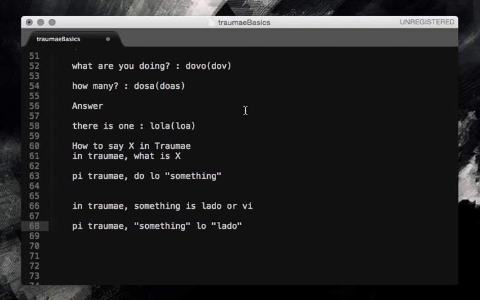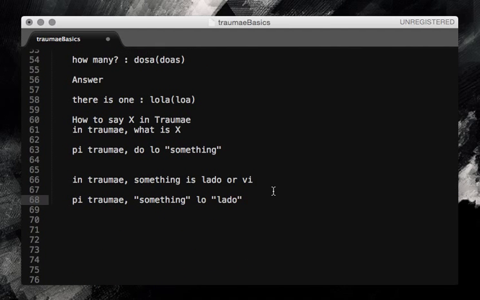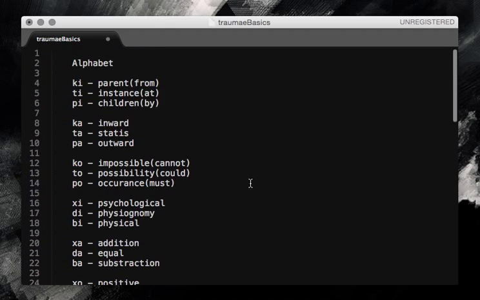Or in this case we could probably use V also, because they both mean this, but we're going to use da for equal. So Lado, da, V. So this would mean in Traumae, something is Lado or V, and they are both words that mean something. The reason Lado means something, I can probably let you figure it out.